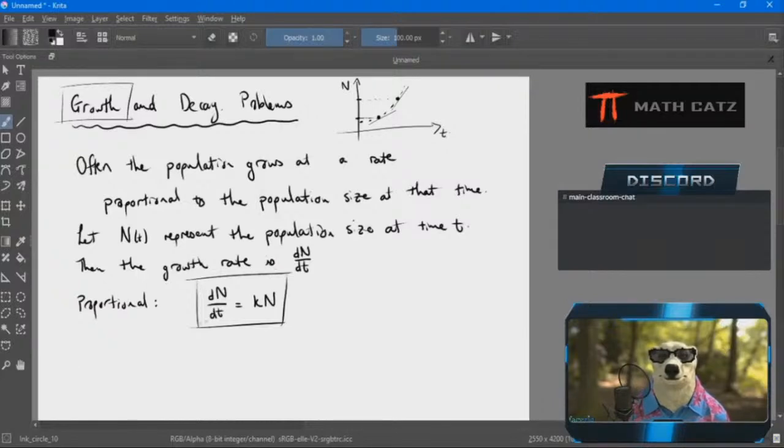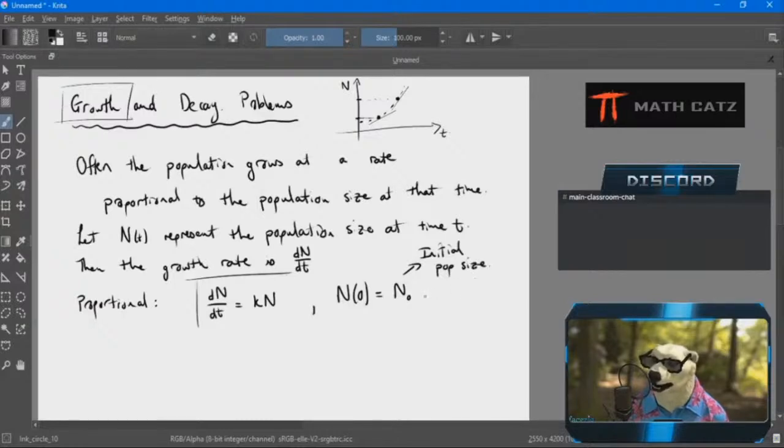I also, of course, need to know, let me just clear my box here, how many there were at the start. And let's call that N0. So I would need to know, not always, but usually, the initial population size.